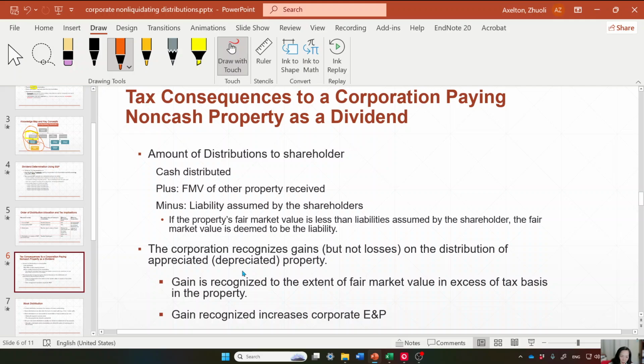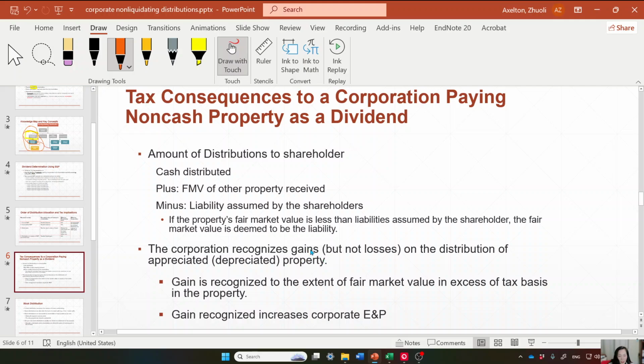The second is, whenever the corporation distributes property to the shareholder as a dividend, because it's a property distribution, there's a portion where they have to recognize the gain.